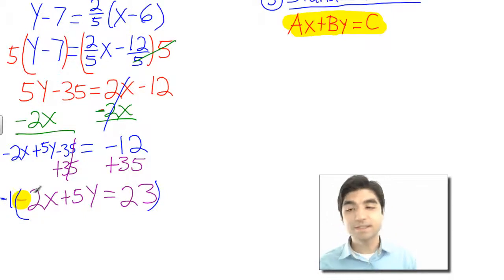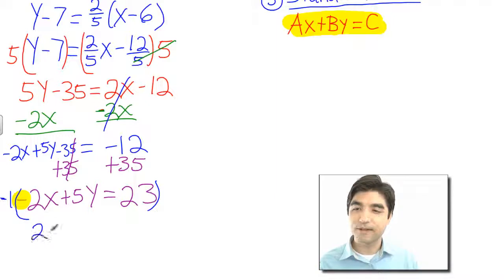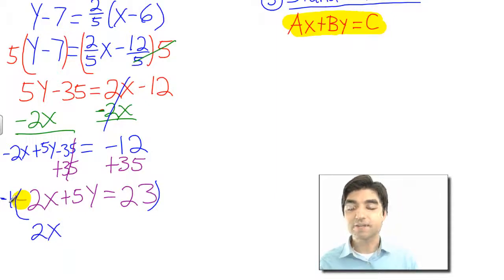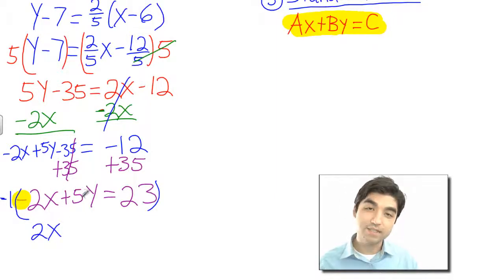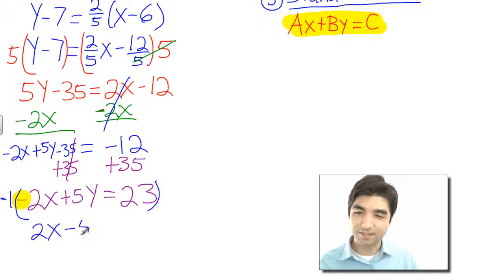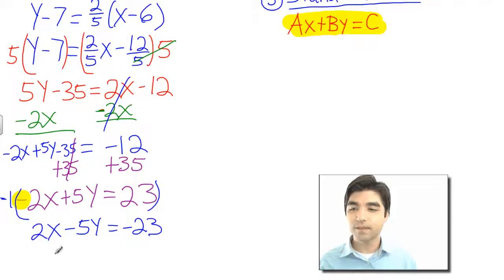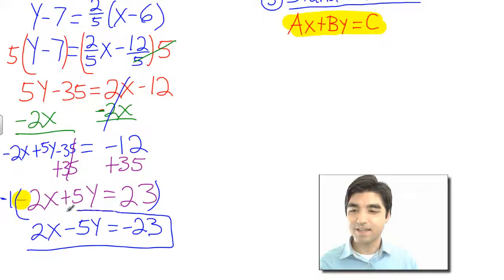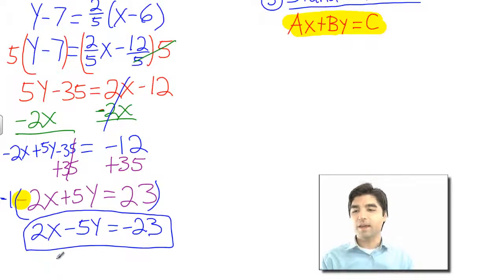So when you take -1 times -2x, that equals positive 2x. -1 times plus 5y equals minus 5y. And then -1 times 23 equals -23. So that is the answer there.